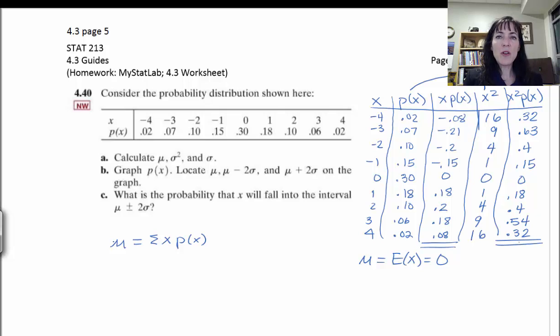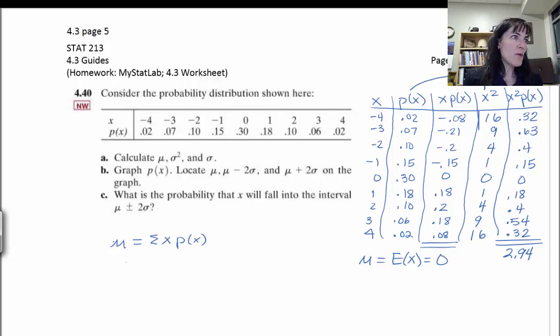and then it's 4 times 0.1, so 0.4, 9 times 0.06, so 0.54, and 16 times 0.02 again, so 0.32. Now I want to add all those up so that I can see part of my variance formula, and I get 2.94. I'm cheating, looking at what I calculated before. So 2.94.